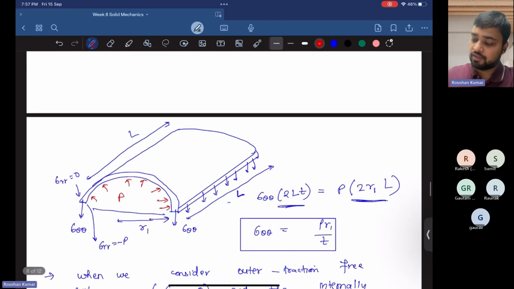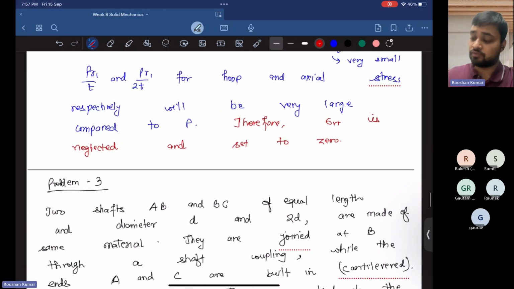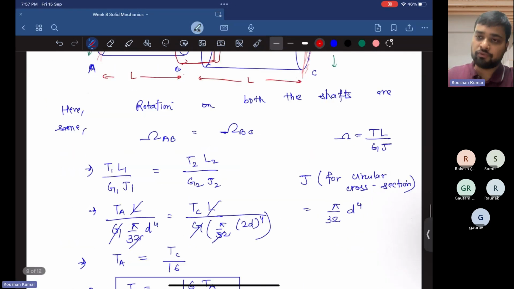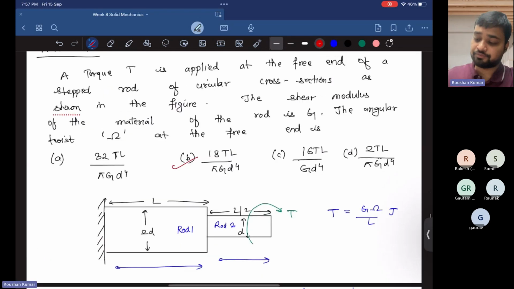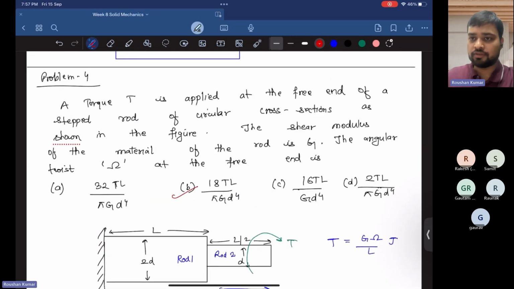Then problems 3 and 4 are based on the numerical approach of torsion of shaft. And then problems 5 to 10 are multiple choice questions through which you can better understand the basic concepts. So all of the problems, that is problem 1 to 10, are good questions.